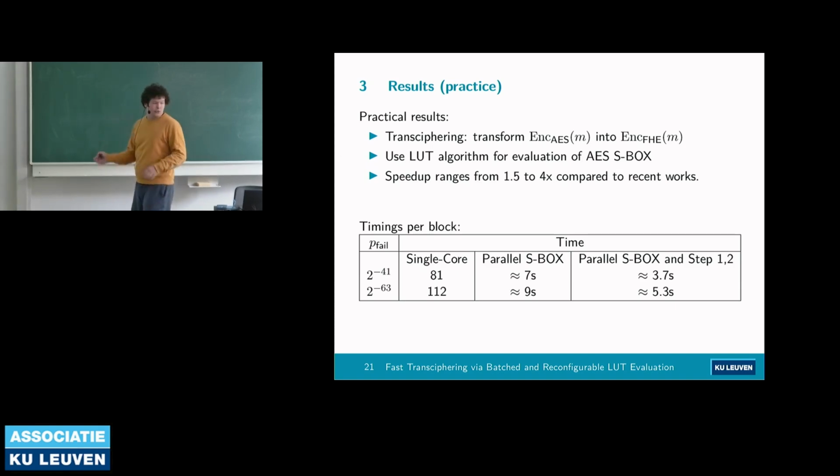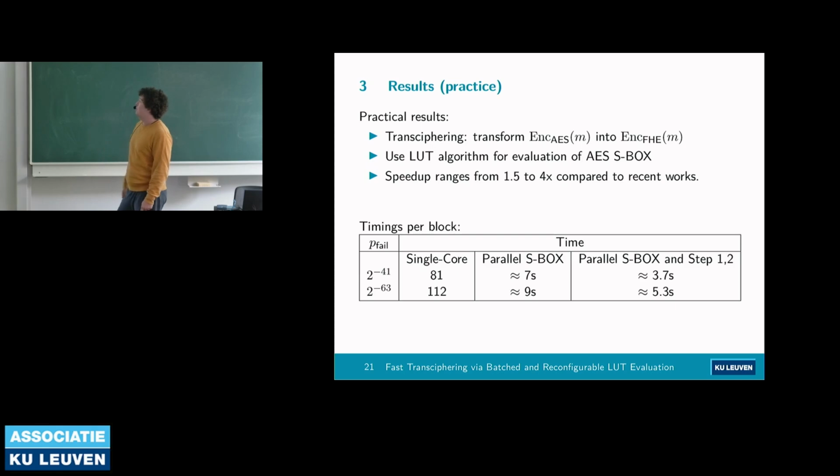We'll apply this to transciphering. So if you remember at the very beginning, I said that with FHE you can compute arbitrary functions, arbitrary circuits. So it means if we are given the bits of a block of an AES encryption, we can run the decryption circuit on those values homomorphically, given an encryption of the round keys, to obtain an encryption under FHE. This is what we'll test this algorithm on.